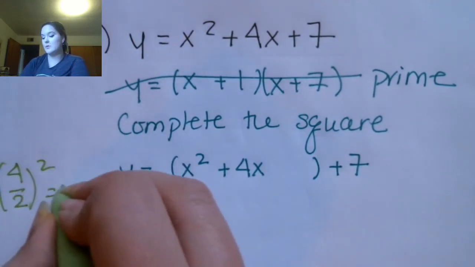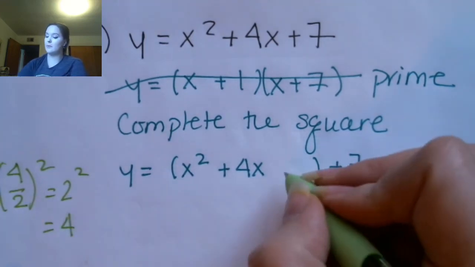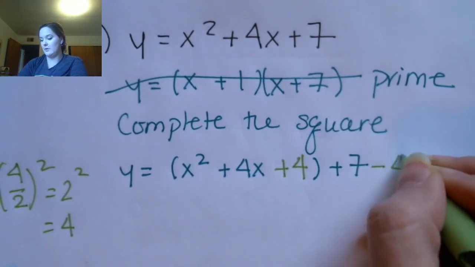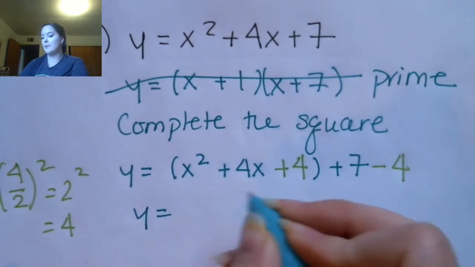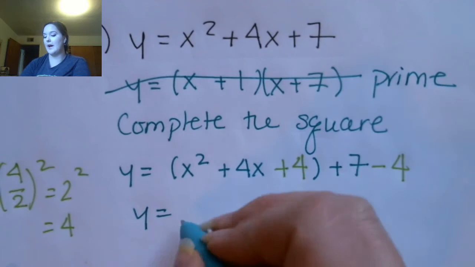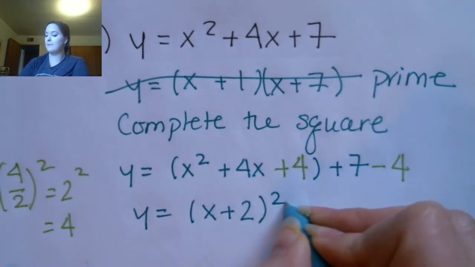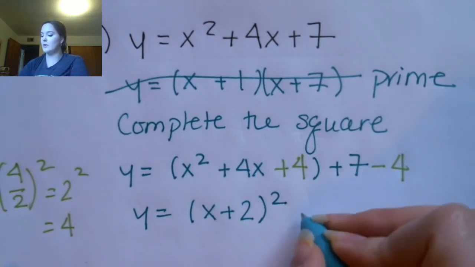So I get 2 squared, which is 4. I'm going to put plus 4 and minus 4, just like the complete the square section. Now I'm going to factor this as a square. What multiplies to 4 and adds to 4? It's 2 and 2. Then I'm going to combine my like terms. 7 minus 4 is 3.